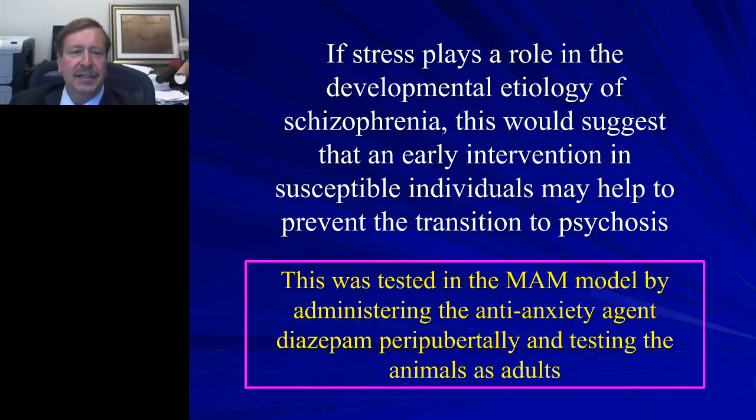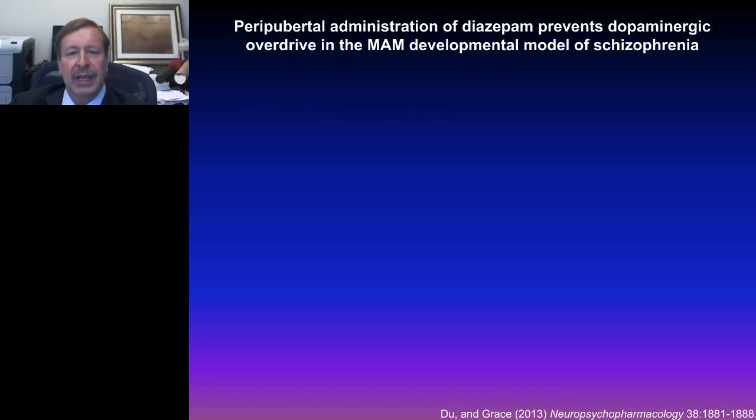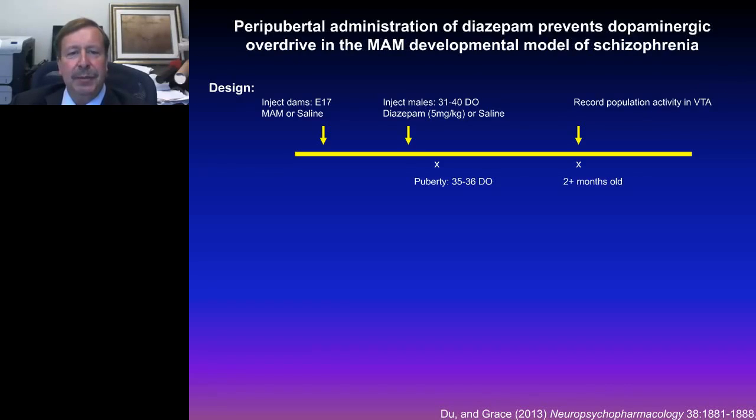And we tested this in the MAM models by administering the anti-anxiety agent diazepam peripubertally. So what we did is to treat pregnant dams with either MAM or saline. Then for a 10-day period around puberty, we gave the animals diazepam cookies or saline, and then looked at the animals as adults after a substantial withdrawal of the diazepam.